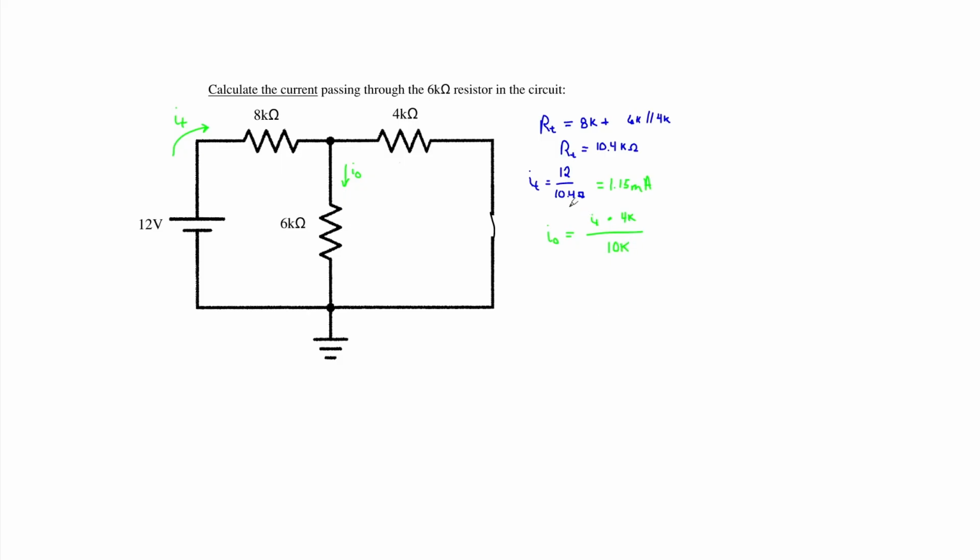Solving for our variable of IT and the rest of the fraction, we are able to conclude that for our 12-volt source, our I naught is equal to 4.6 milliamps.